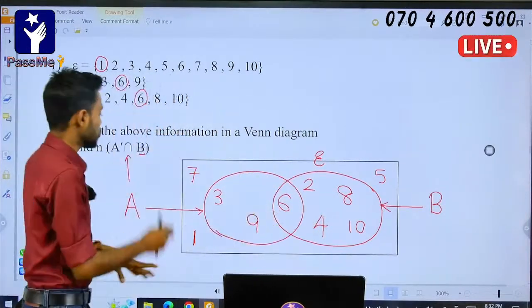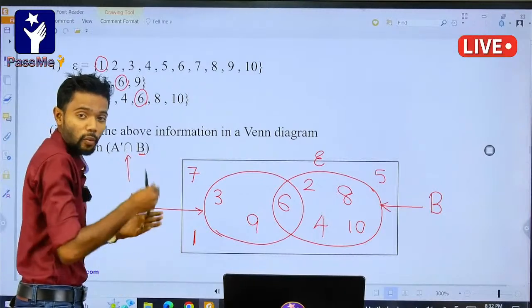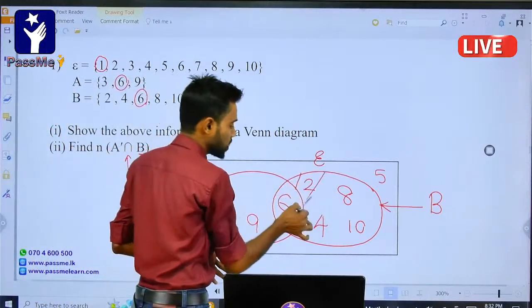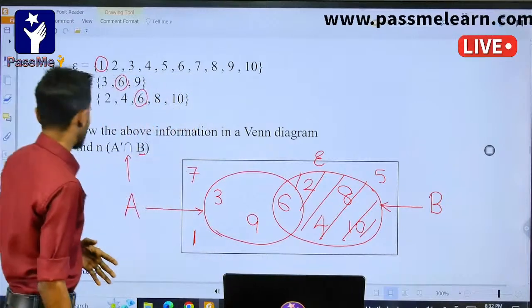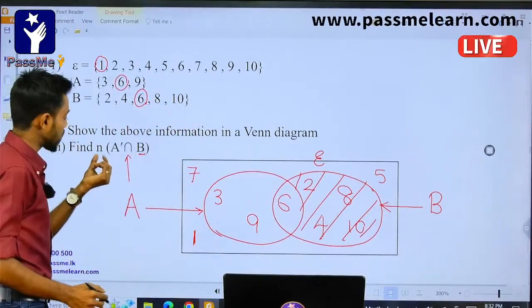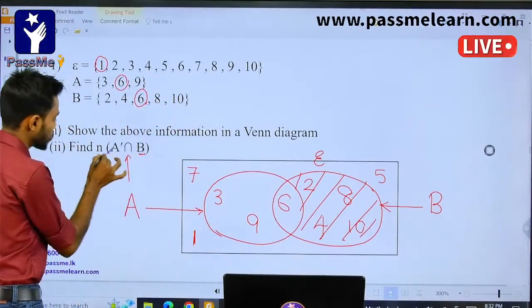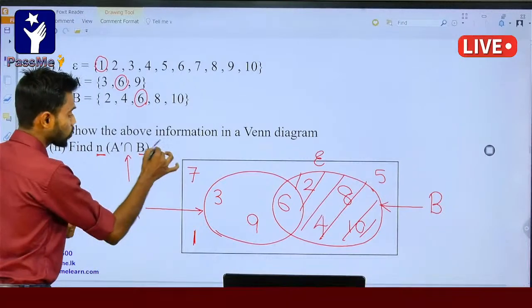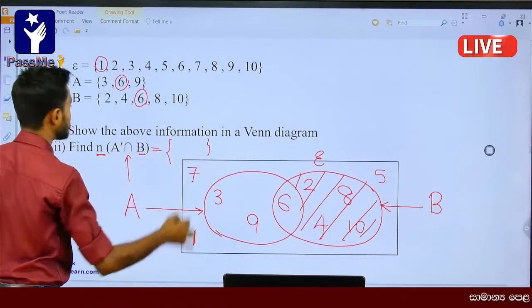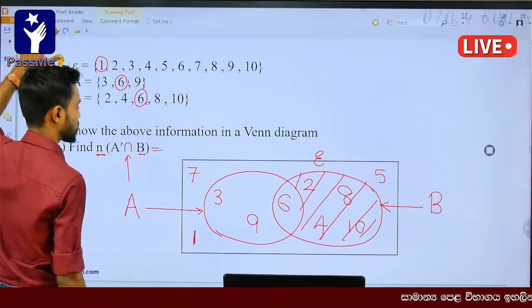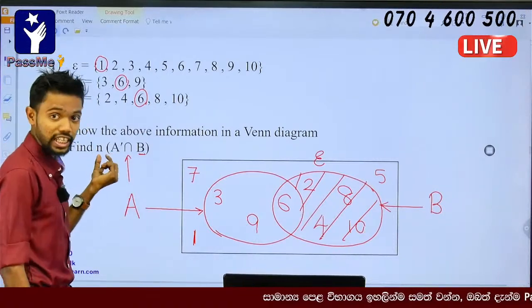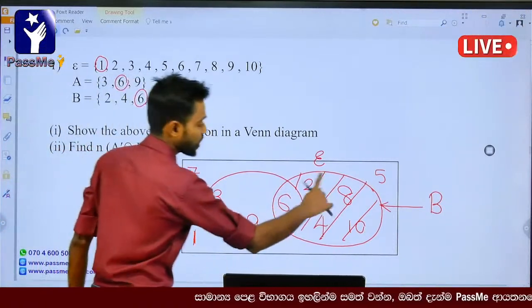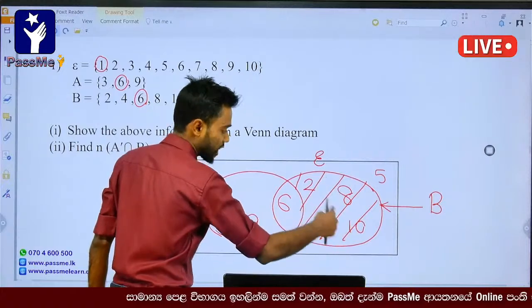Right. Now to have the common region, this should be the region we are referring to. Then we want to write the number of elements. Here you can see it is not the set, so you don't want to write the curly brackets with these numbers. In this question they are asking us to write the number of elements in this shaded area: 1, 2, 3, 4.